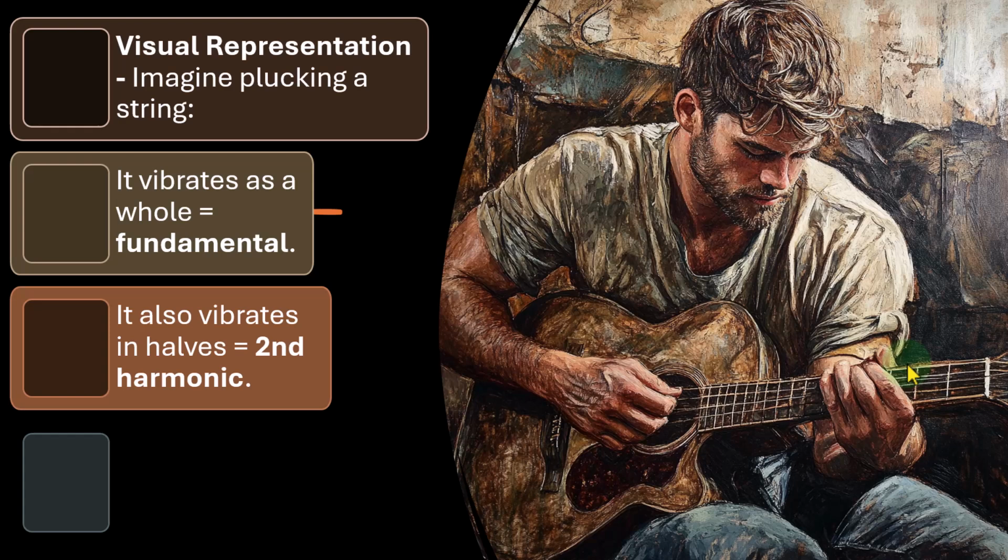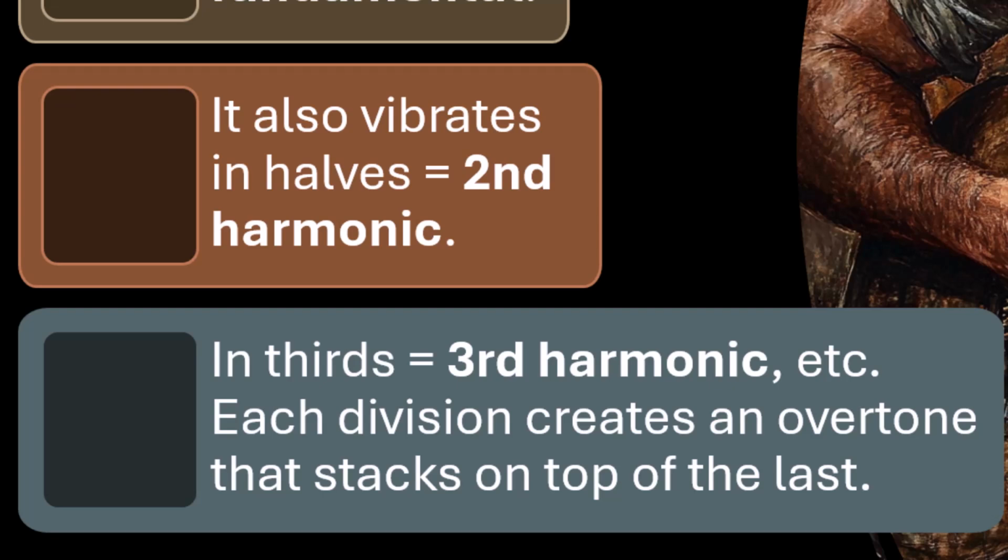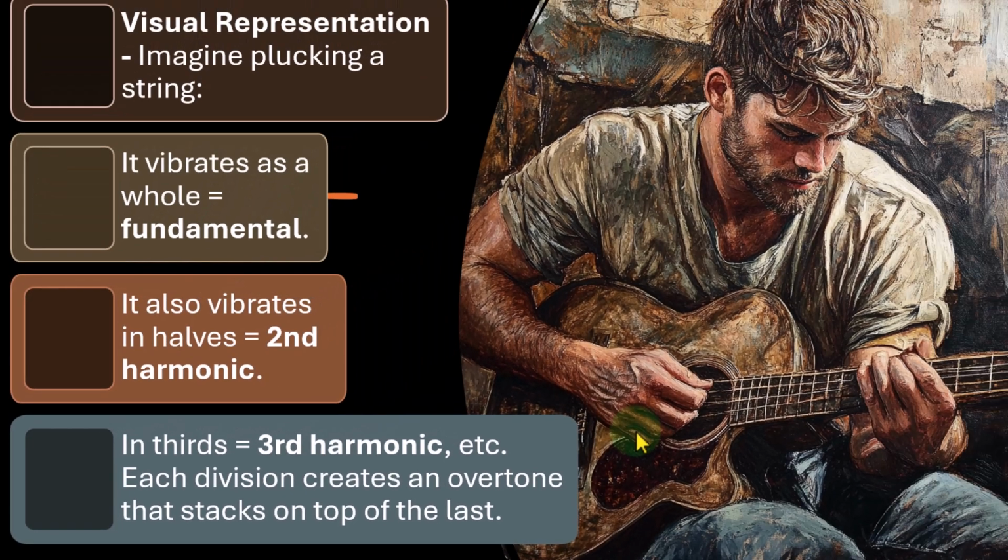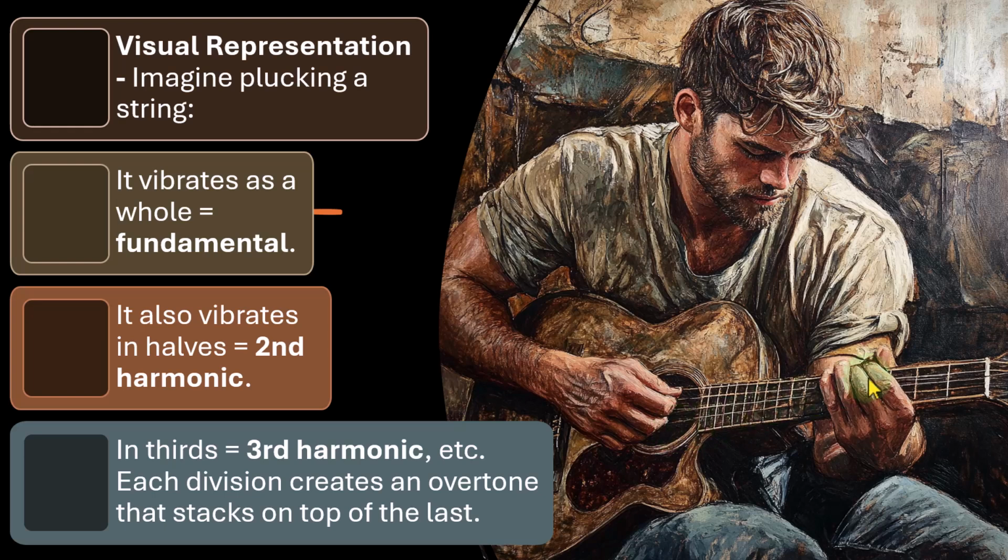So the whole thing is vibrating with one big vibration, and each side is vibrating opposite to each other, and in thirds. So the third harmonic: each division creates an overtone that stacks. You can also imagine the string broken up into thirds, and those thirds are going to be vibrating opposite to each other.